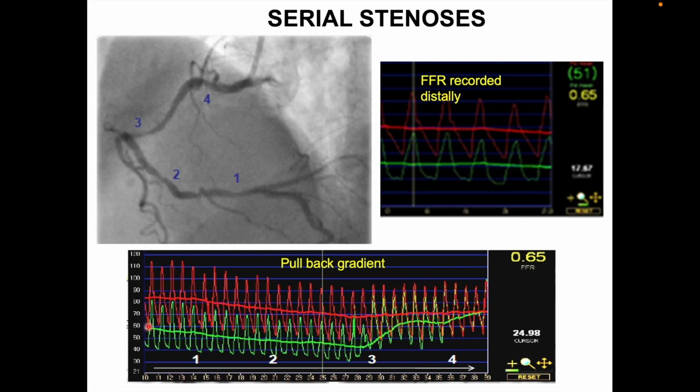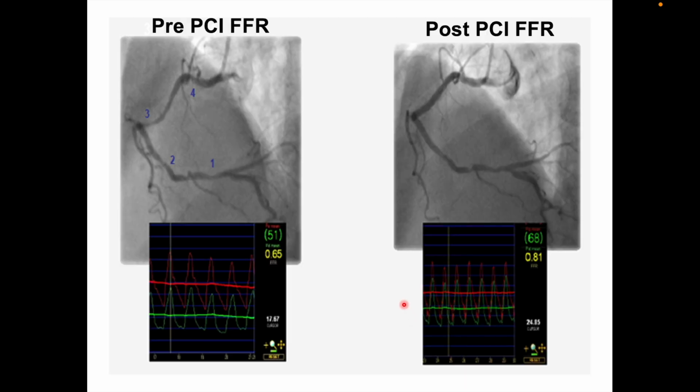So it's a 20 millimeters of mercury step up from this disease up till this point.